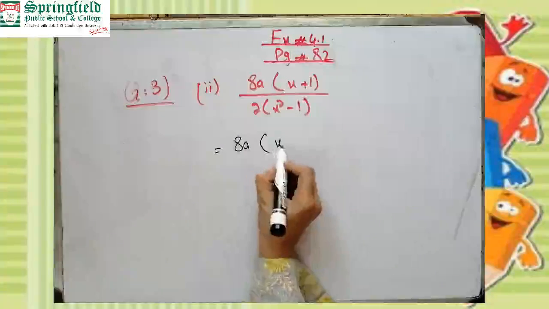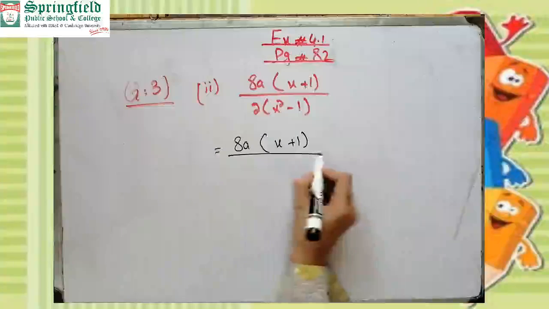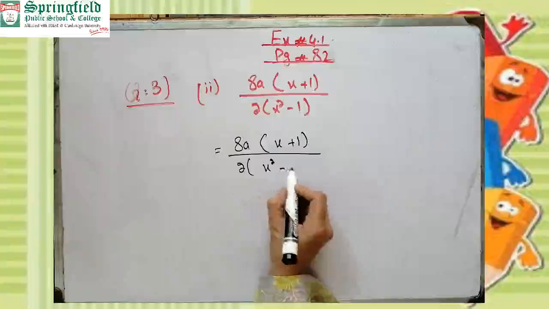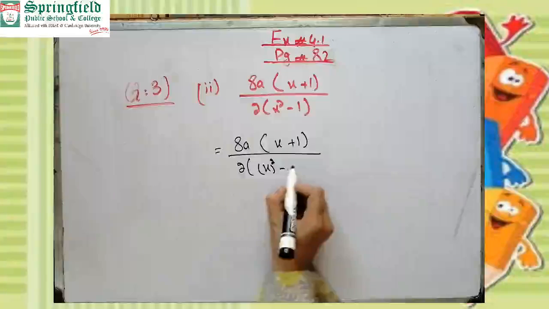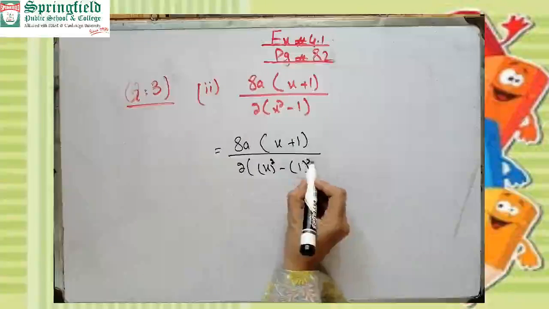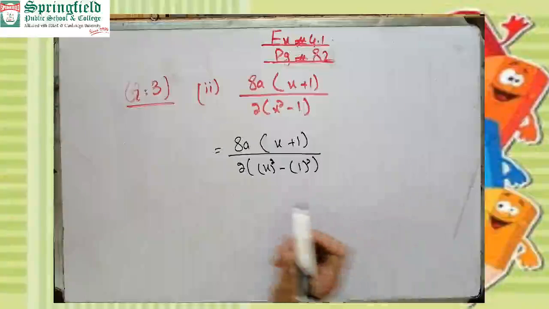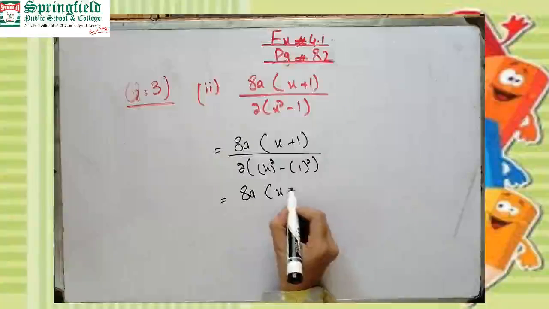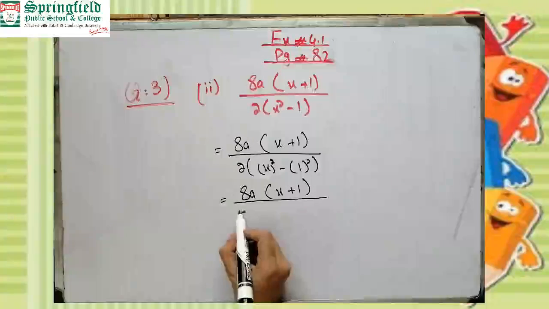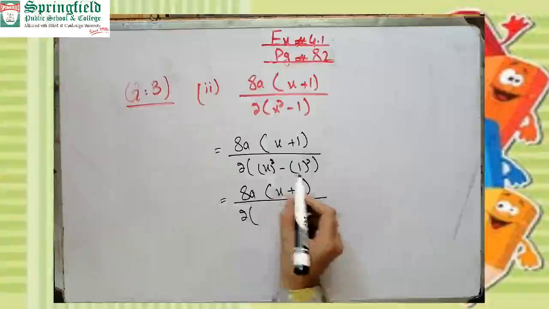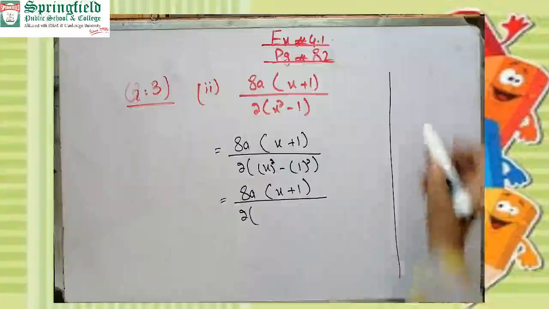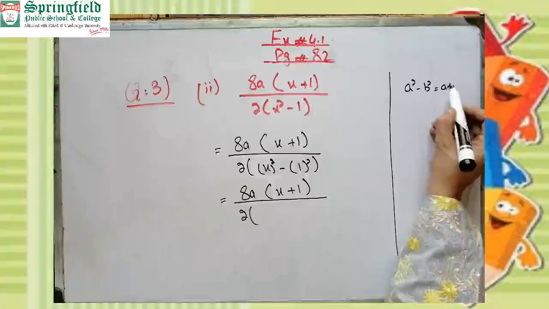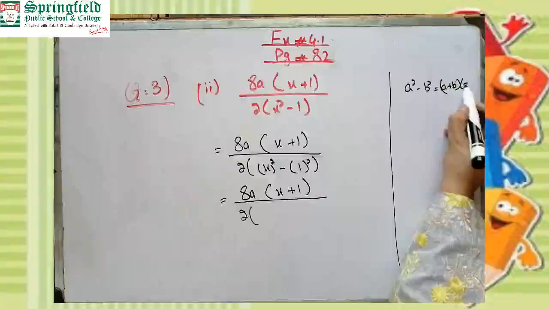8 times x plus 1 divided by 2 times x square minus, 1 can be written as 1 whole square, because 1 square is equal to 1. So 8 times x plus 1 divided by 2, a square minus b square. Formula: a square minus b square is equal to a plus b, a minus b.